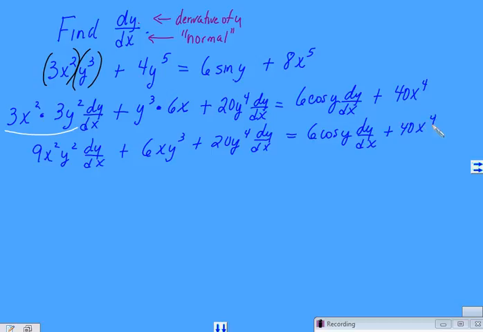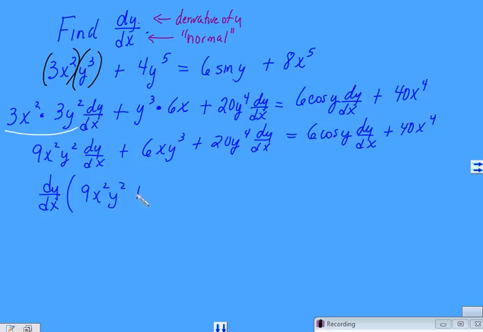Okay. Now you can start trying to isolate dy over dx. Since I know I'm going to put all the dy over dx's on one side, and it doesn't matter which side, in this case, since I've already got two of them on the left, I'm going to keep them on the left. I know I'm going to pull dy over dx out, so you can actually save yourself a line of paper here, pull the dy over dx out right now, and just write down the terms that you would have with the dy over dx.